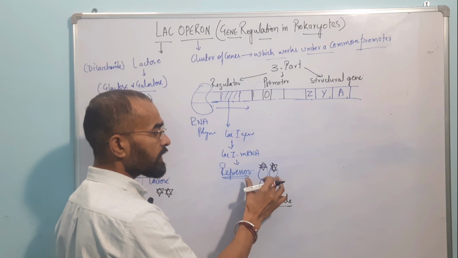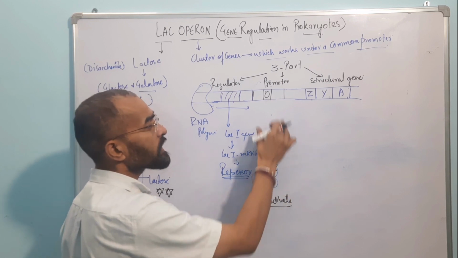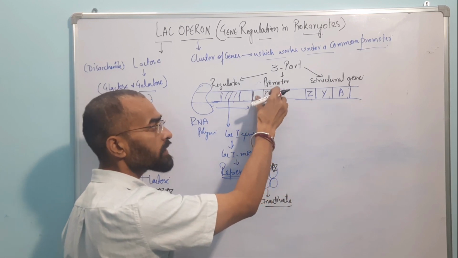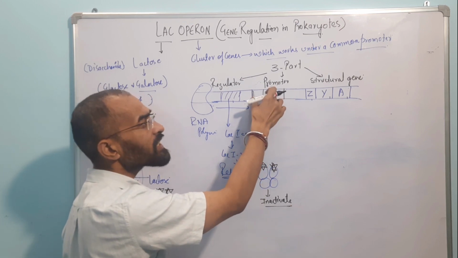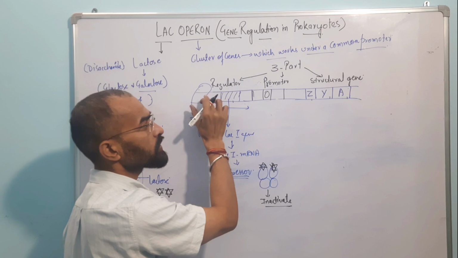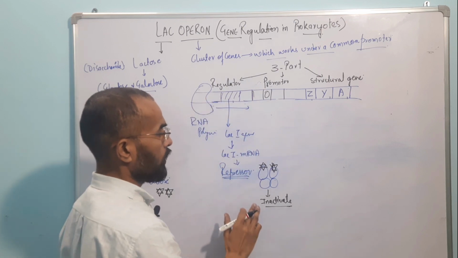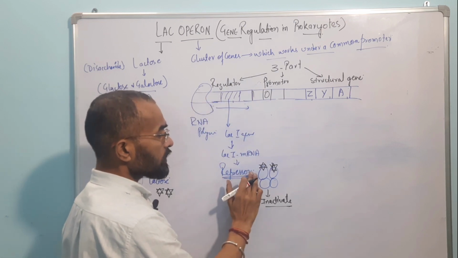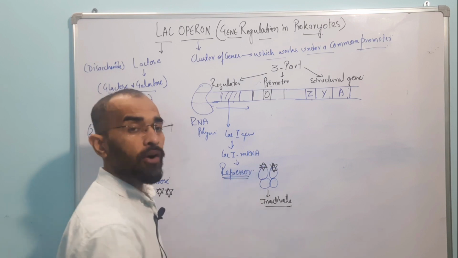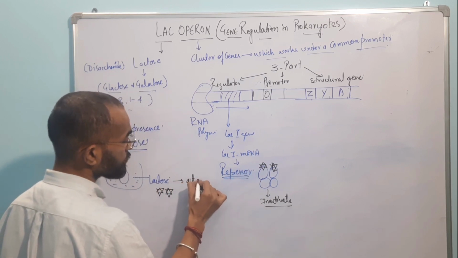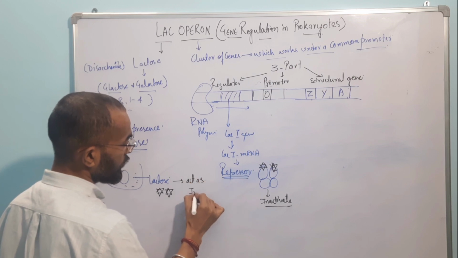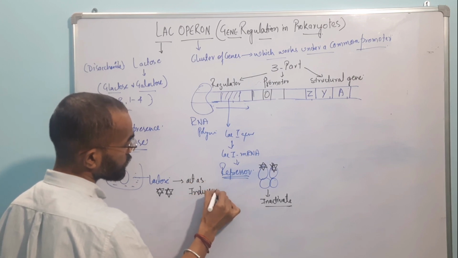We earlier said that repressor's function is to attach to the operator of promoter, or it attaches with the promoter and blocks the functioning of RNA polymerase. But now, lactose inhibits the functioning of repressor. Thus, lactose acts as inducer here. How?